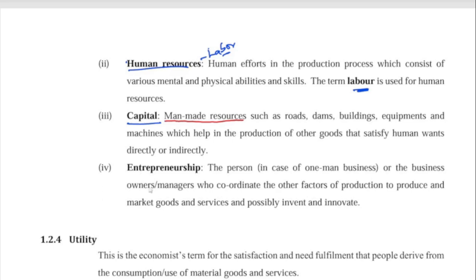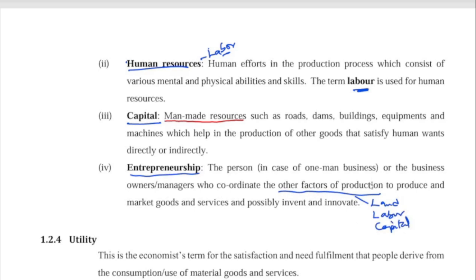And the last one is entrepreneurship. Entrepreneurship is the person, in the case of a one-man business, or the business owners or managers who coordinate the other factors of production. What do we mean by other factors of production? We are talking of land, labor, and capital.